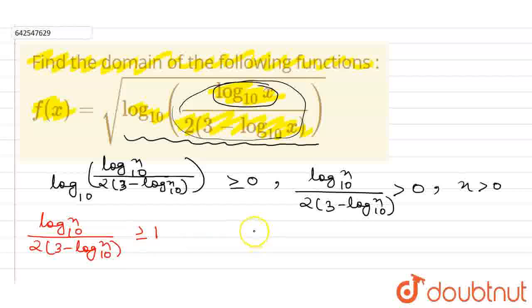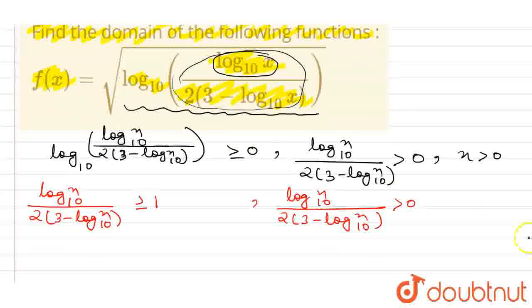On taking antilog, this function will become log x to the base 10 upon 2 into (3 minus log x to the base 10) should be greater than 0. Here it is greater than or equal to 1. First I have to subtract 1 from both sides, then I do the next process.